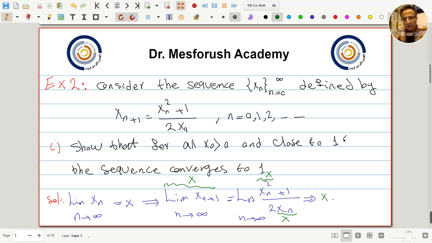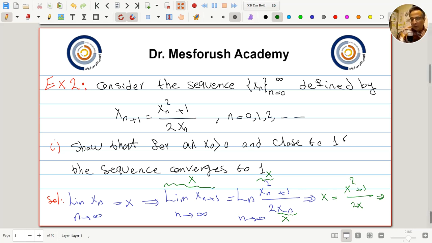So finally we get x equal to (x squared plus 1) over 2x, and this gives an equation that we should solve.